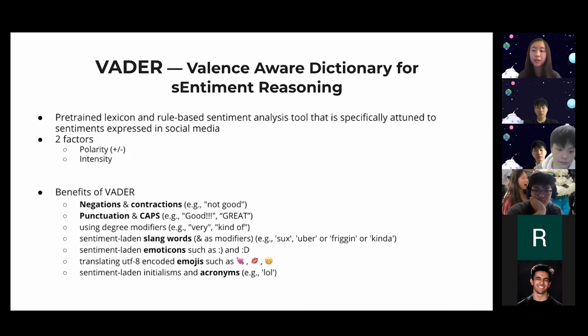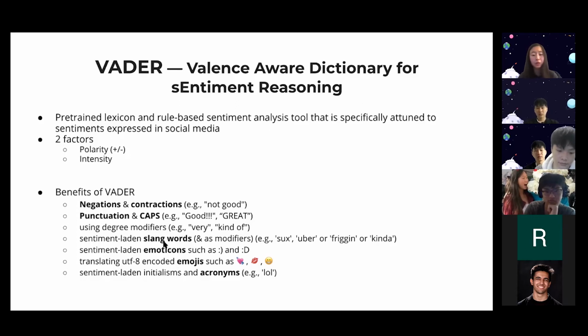And the reason why Vader is very beneficial for us is because it's able to pick up on cues that show up in social media particularly, and slang terms that we aren't normally seeing in the typical corpus of text. And so here are some of the benefits. Vader is able to pick up on negations, contractions, and also stuff like caps and punctuation, as well as degree modifiers to help with the intensity.